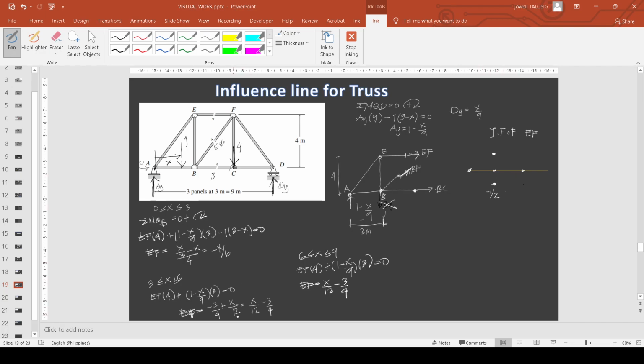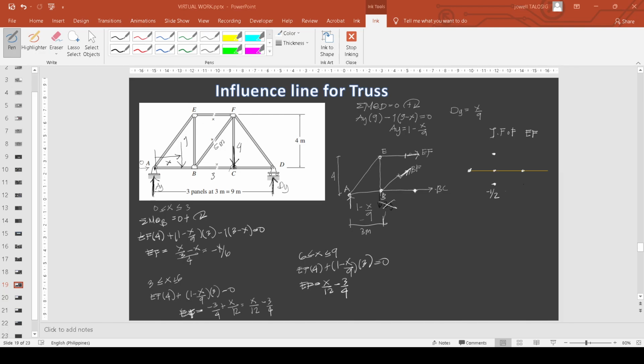So using this equation naman. So when x is equal to 3, so 3 over 12, that is 1/4, minus 3 over 4. Lalabas negative 1 half. So same dito, no?